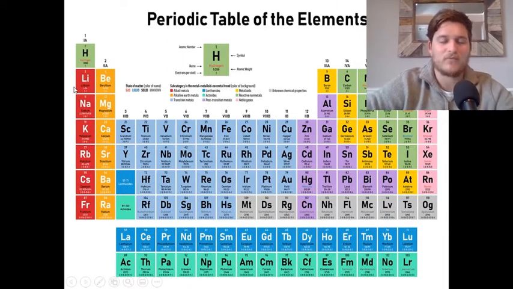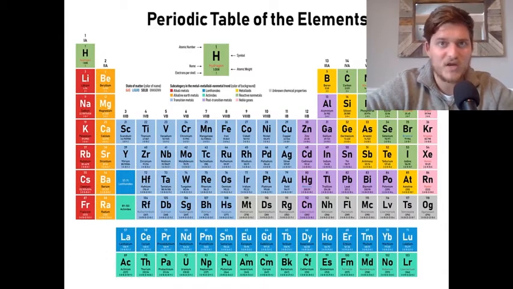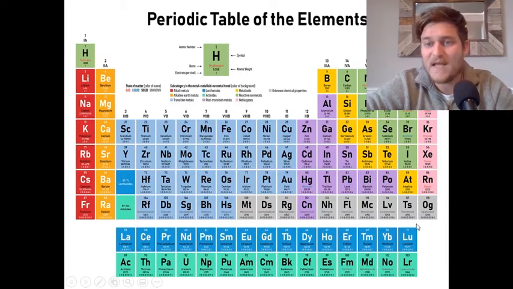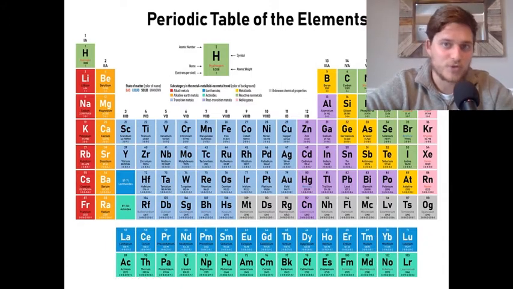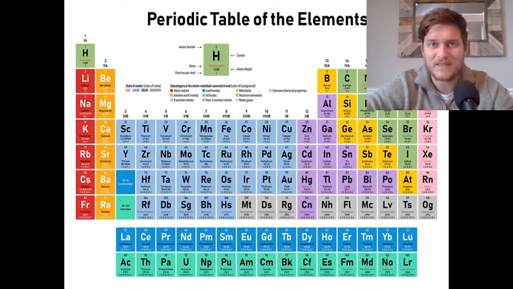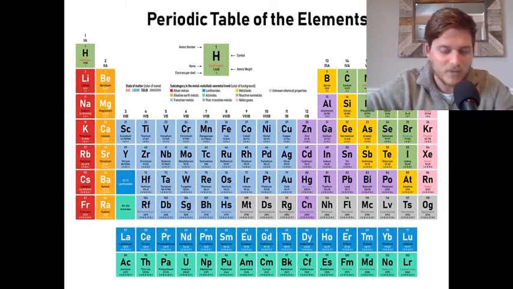And so when they get rid of that electron, it's going to have a full shell, but now it's going to be positively charged because it lost that negatively charged particle. While in group 7, these elements are only 1 electron away from having a full shell. So they are going to be more likely to take on a negatively charged electron in order to be full, but then with that comes a negative charge.